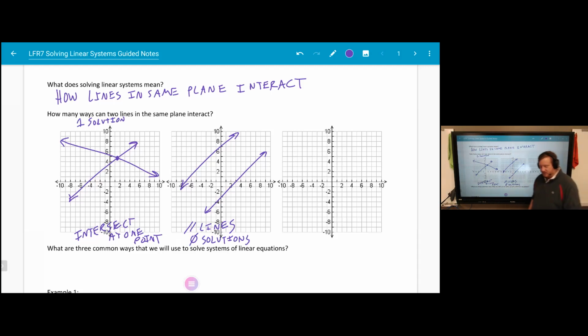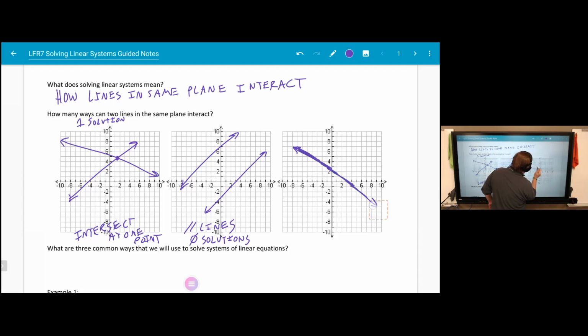Mr. Brayman, what's the third way? Well, I'll show you right here. This is a line that I have, mostly a line, and that's okay. Also, me being iffy at drawing lines is going to come into play in a second too. So if I draw that line, what's another way it could be? How about if it is the same line? Oh, that's pretty bad. Okay, I'm just going to try to do it like this.